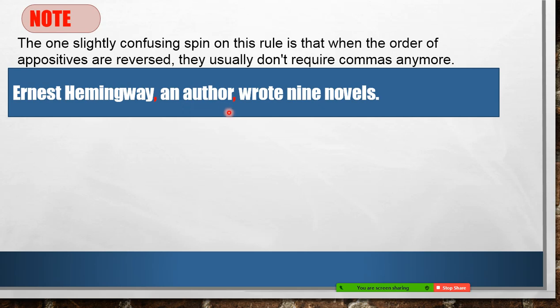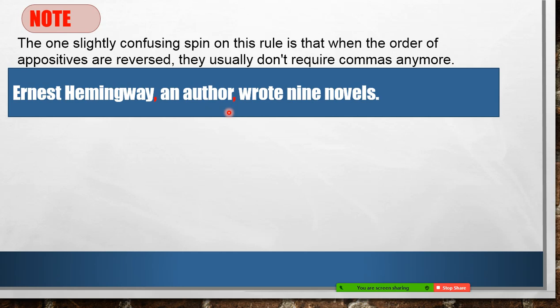It is non-essential. This means that I can exclude an author out of the sentence, and what is left will still have a meaning for you, and you will not need to ask a question about who he is. So if I read it, Ernest Hemingway wrote 9 novels, no need for you to add more information.